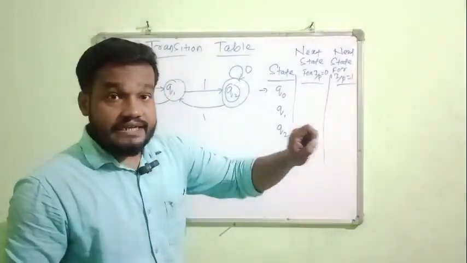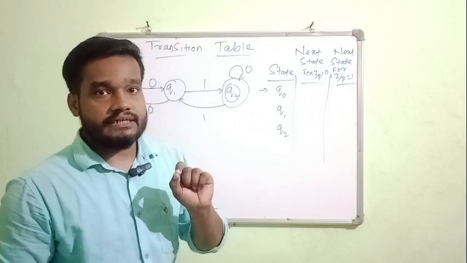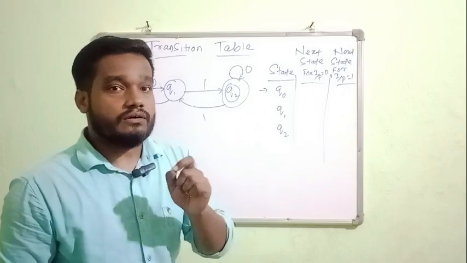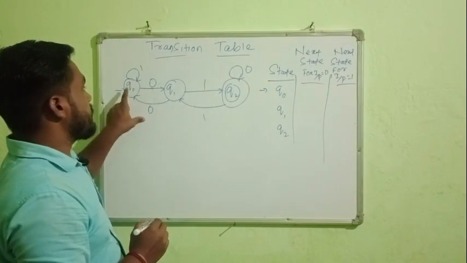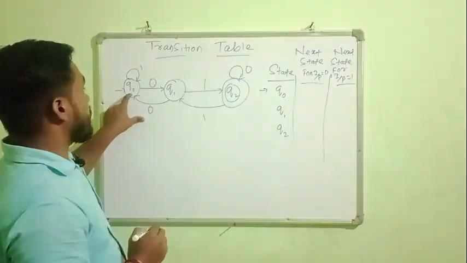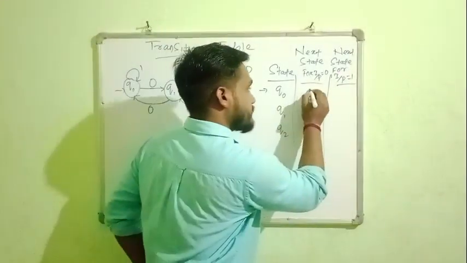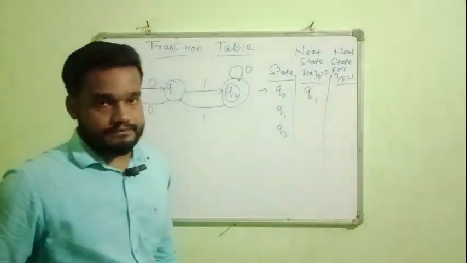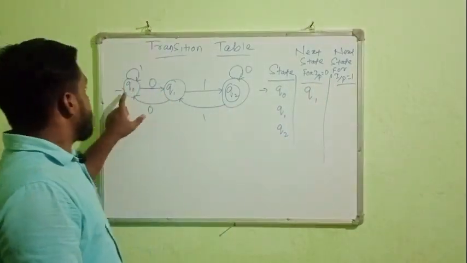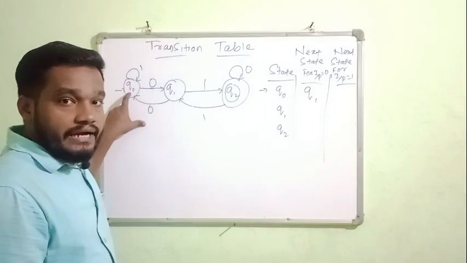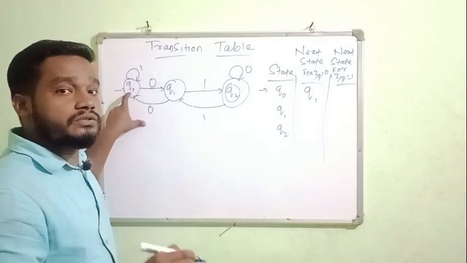If we use 0 in state Q0, then where will it go? If we use 0 in Q0, it will arrive at Q1. So we will write Q1. For input 1, if we use 1 as input, then we will arrive at Q0 itself.